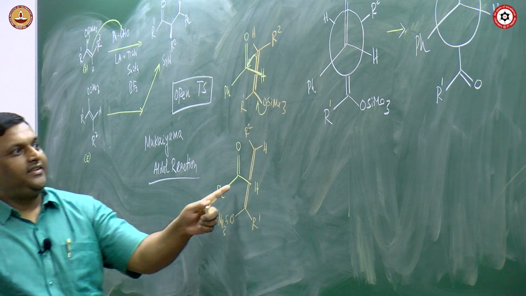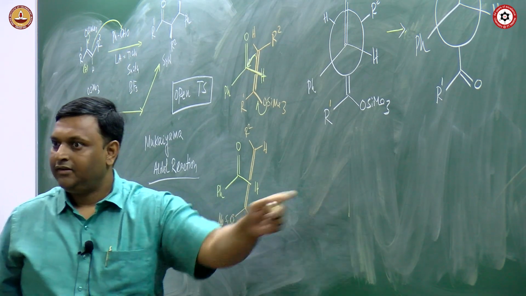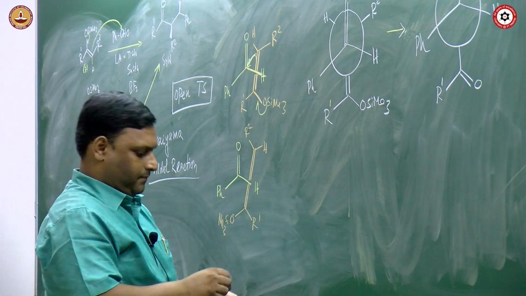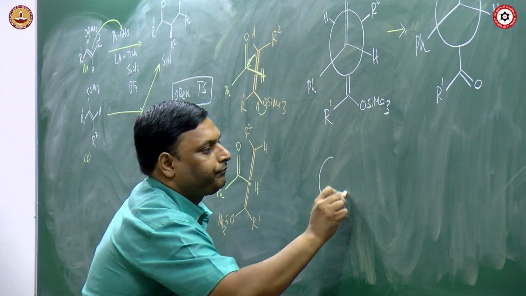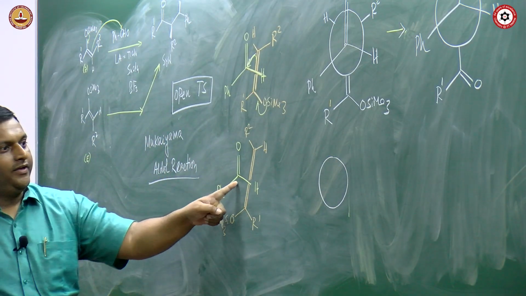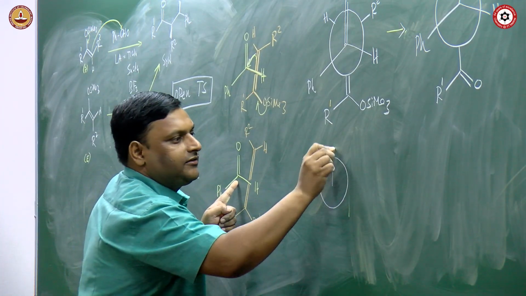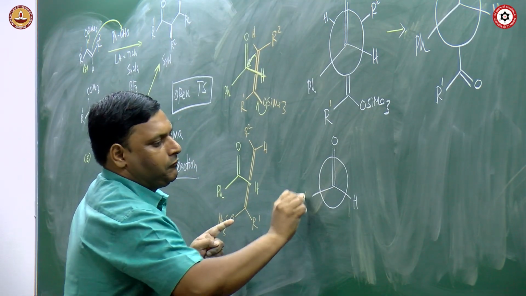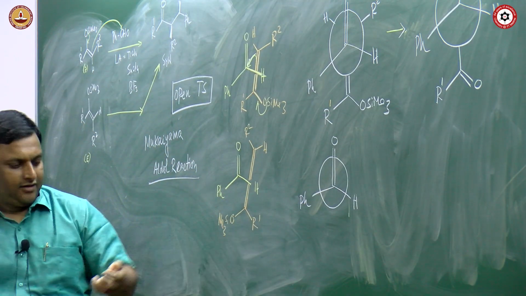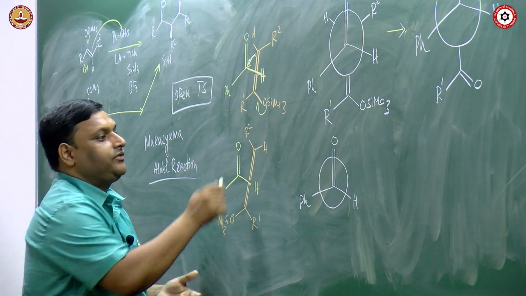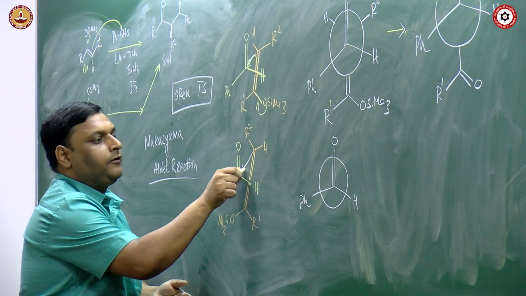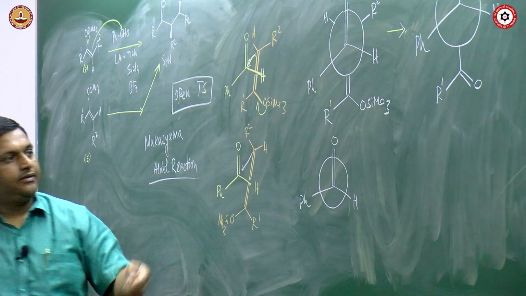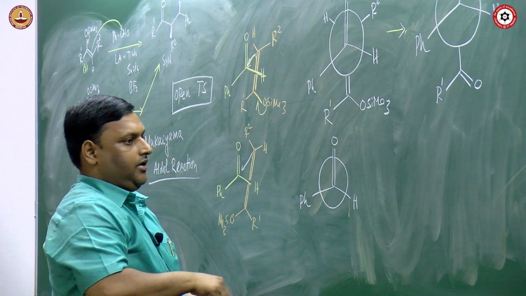Now if I try to draw this one here, let's see what exactly happens. Again the same aldehyde I put first. Now which bond is actually forming from this center to that center?